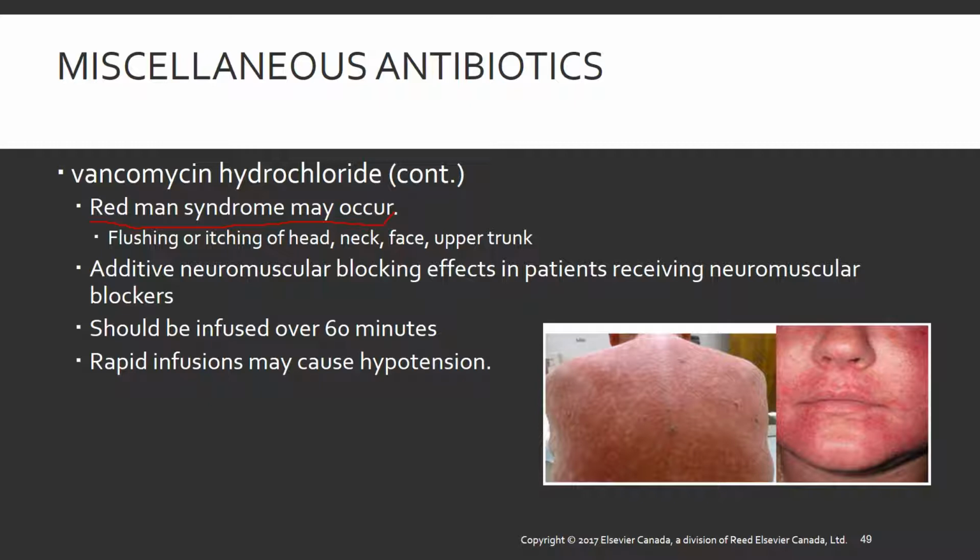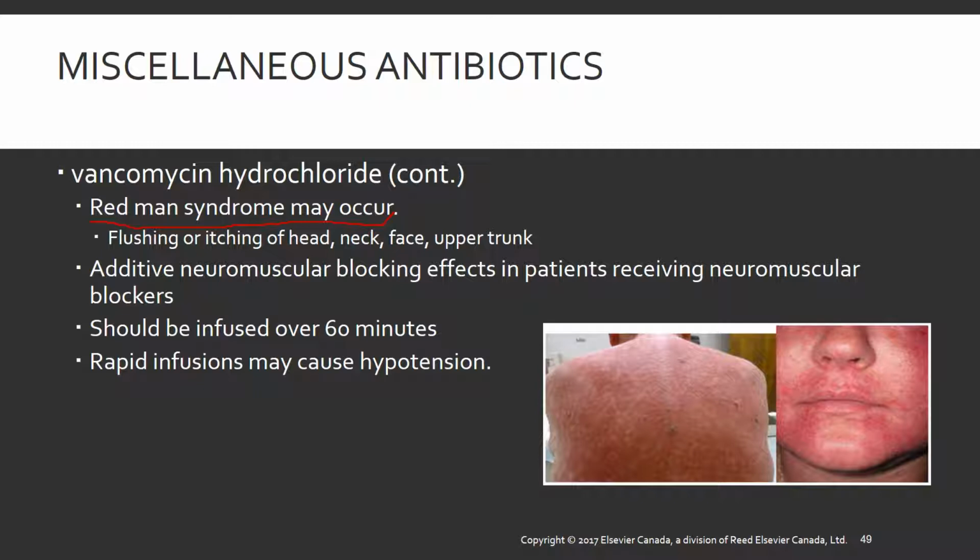Miscellaneous antibiotics continued. So we also have our vancomycin hydrochloride. Very important, hint, hint, nudge, nudge, to keep in mind with vancomycin: we can have red man syndrome. Typically this occurs when we infuse too quickly. What it manifests itself as is flushing, itching of the head, neck, face, and upper trunk.